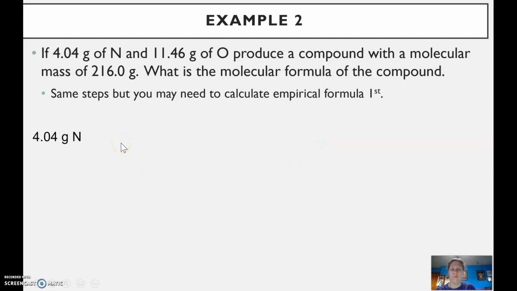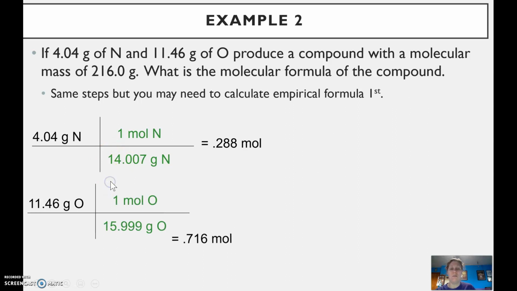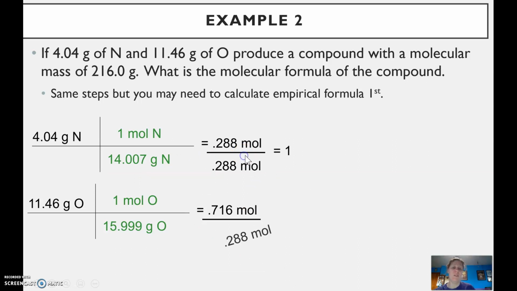So starting numbers, 4.04 grams of nitrogen, and again, empirical formula, step 1: divide by molar mass, percent to mass to mole. Nitrogen, moles of oxygen are 0.716, and then divide by smallest, 0.288 divided by 0.288 is 1, 0.716 divided by 0.288 is 2.5.